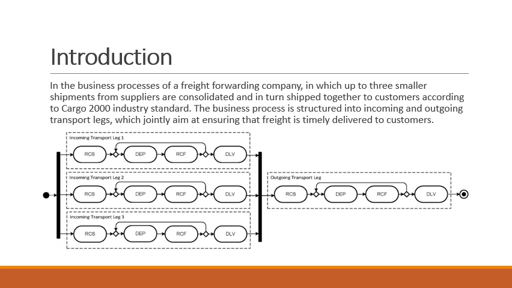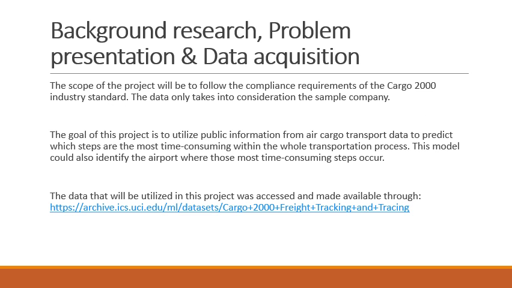RCS refers to check-in flight at departure airline. The shipment is checked in and a receipt is produced at the departure airport. DEP refers to confirm goods on board. The aircraft has departed with the shipment on board.